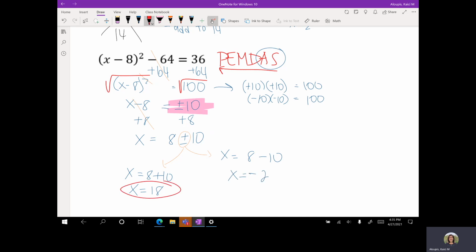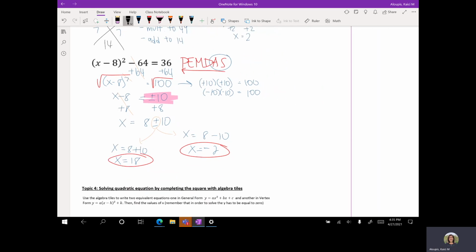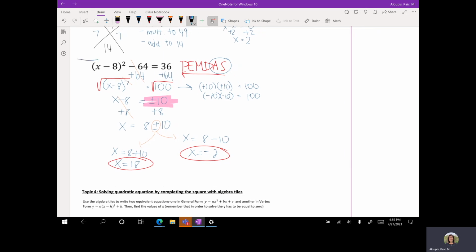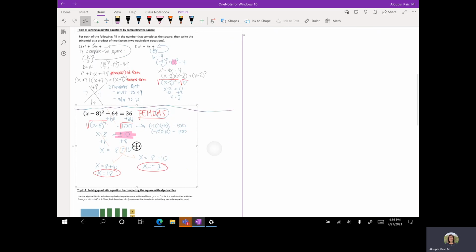And those are my solutions for this problem right here. So you know that that's another problem, just a different kind of problem, but same topic of using completing the square. Okay, pretty easy. We're going through pretty quick.